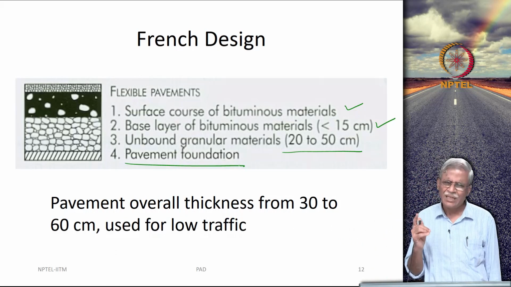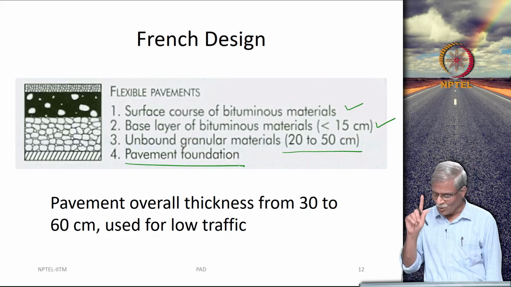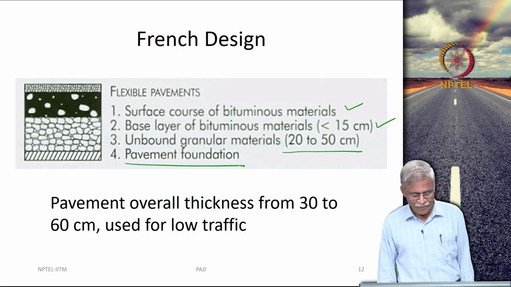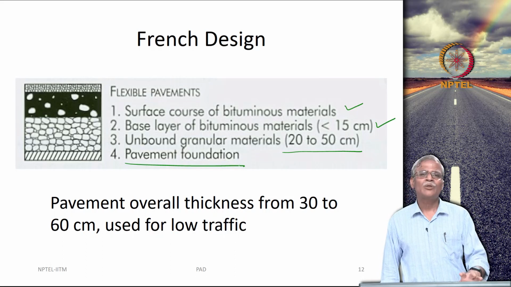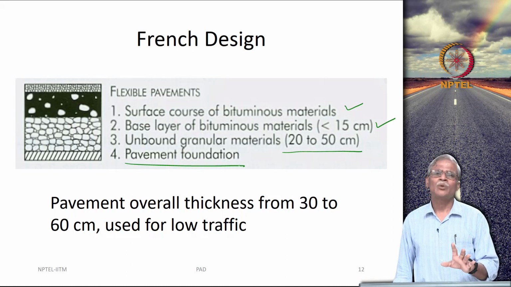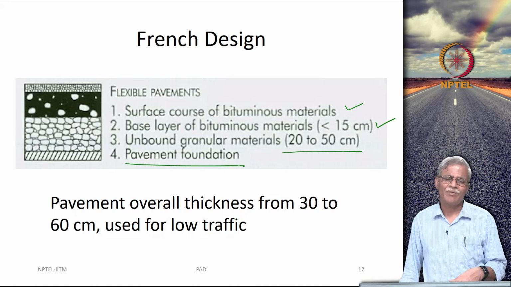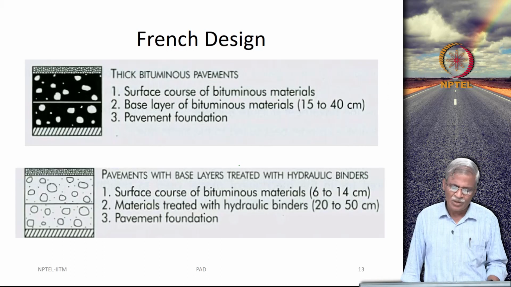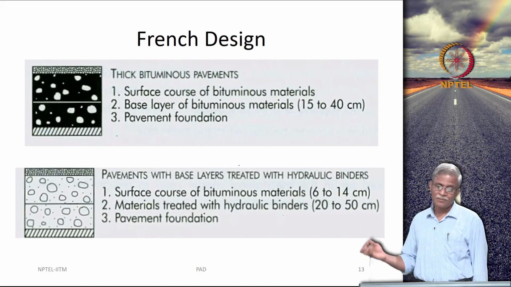You are going to check it, and sometimes you will be surprised. So, watch out for that, right. The same cross section design could be used for low traffic, medium traffic as well as for high traffic as far as the French design is concerned.